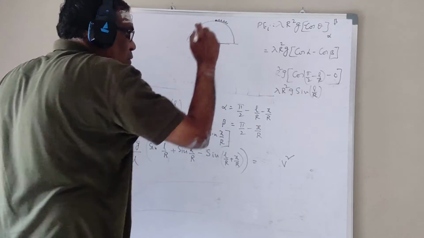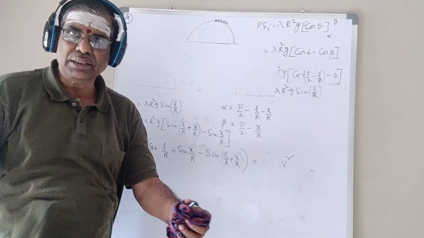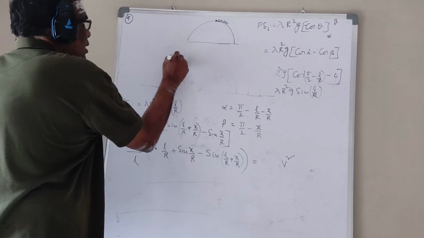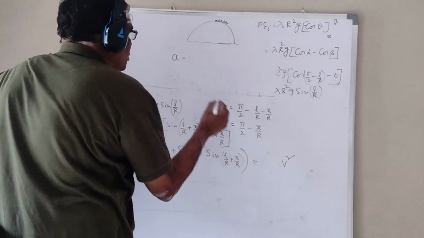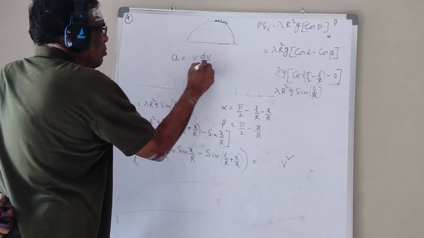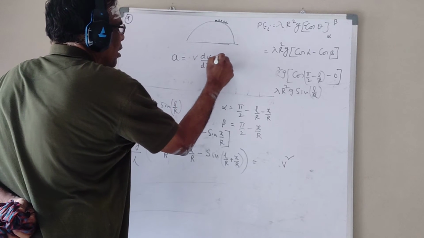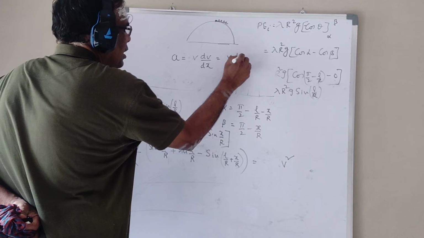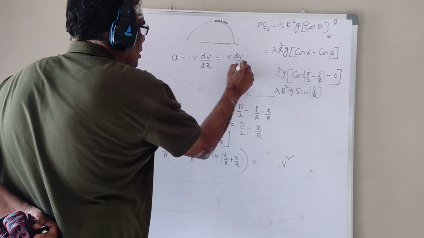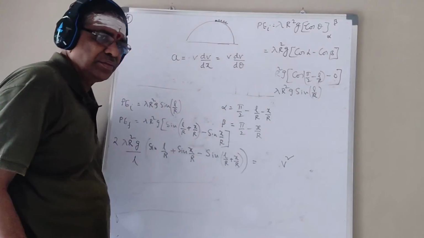As it is about to start, what is the acceleration? Supposing this. How do you get acceleration here? A is equal to V dV by dx, or V dV by R d theta.